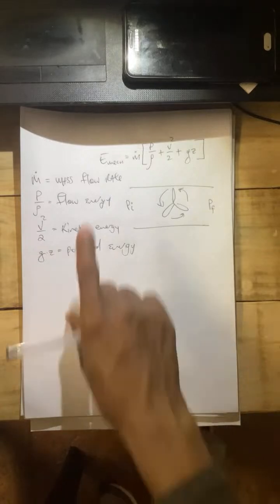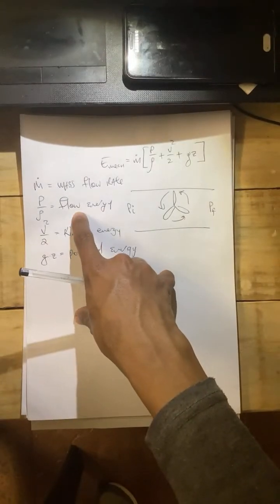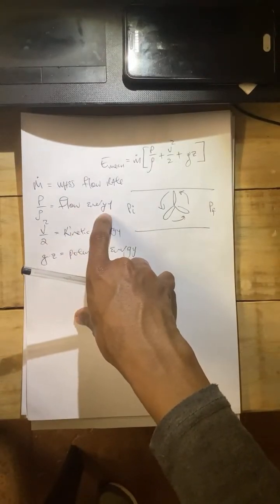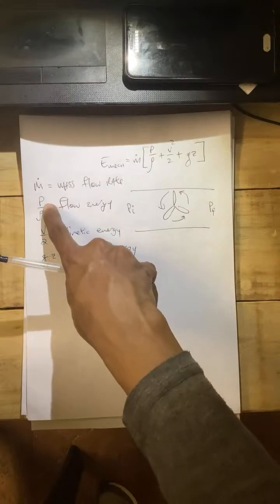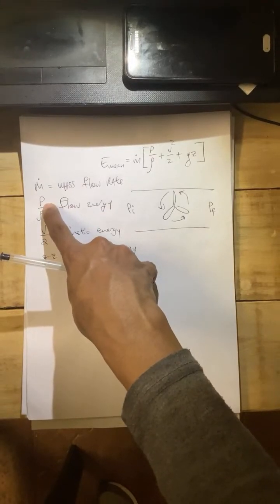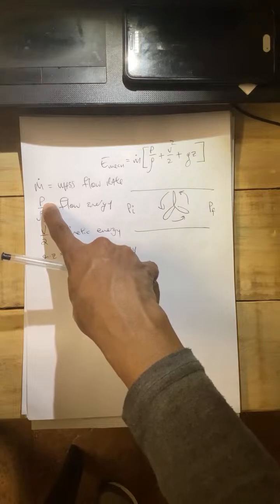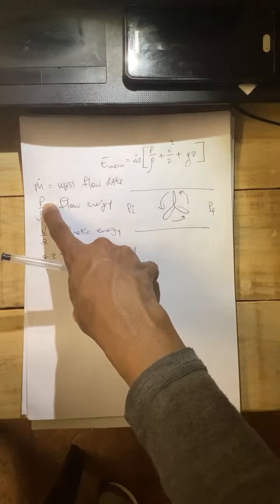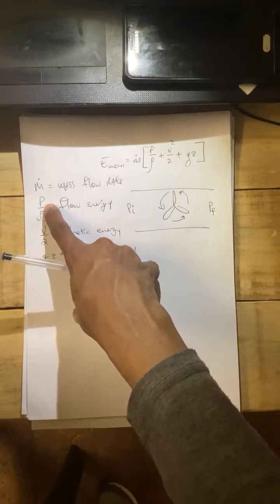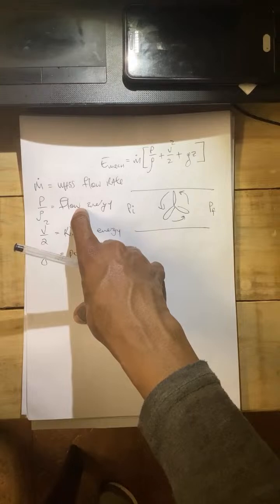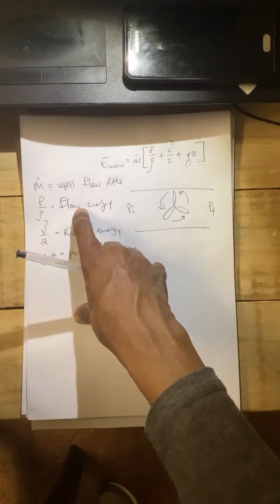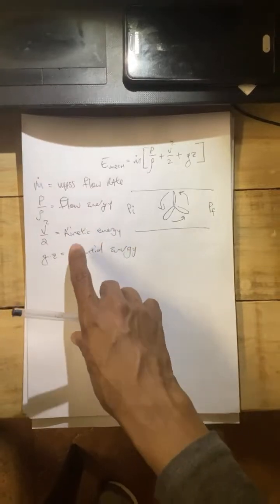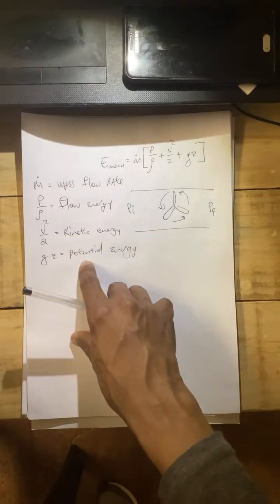That is important because our flow energy is dependent on pressure. However, there is no change in pressure. P final is the same as P initial, so if I say P final minus P initial, I get 0. And if I get 0, it means my flow energy is 0.